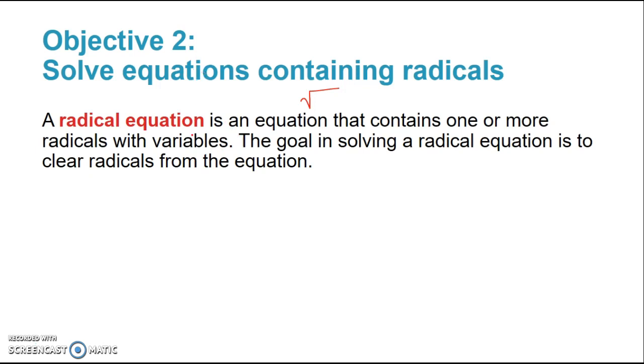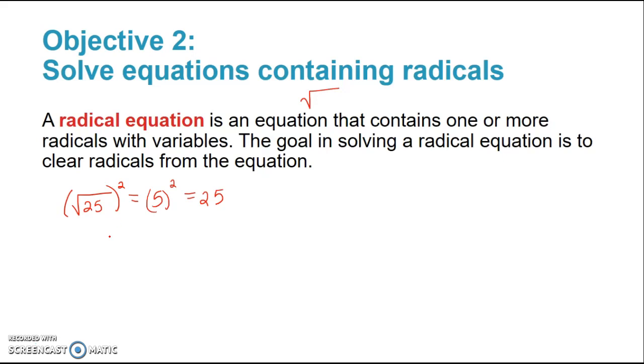Now, when we clear radicals from an equation, we're going to have to raise each side to an equivalent power, right? Do you remember this fact that if I had, for instance, the square root of 25 and I square it, the square root of 25 is 5, but 5 squared is 25. So the thing that will undo the square root is squaring.